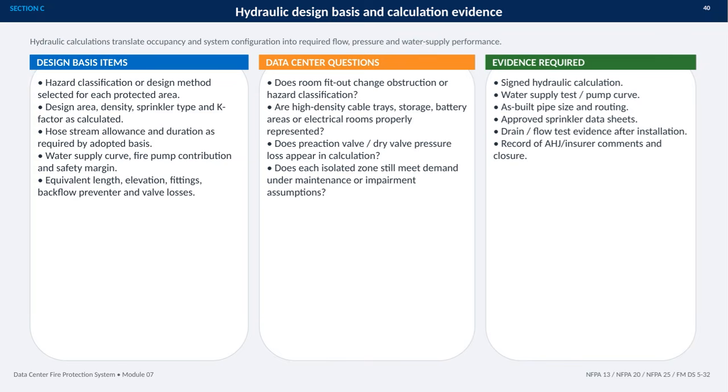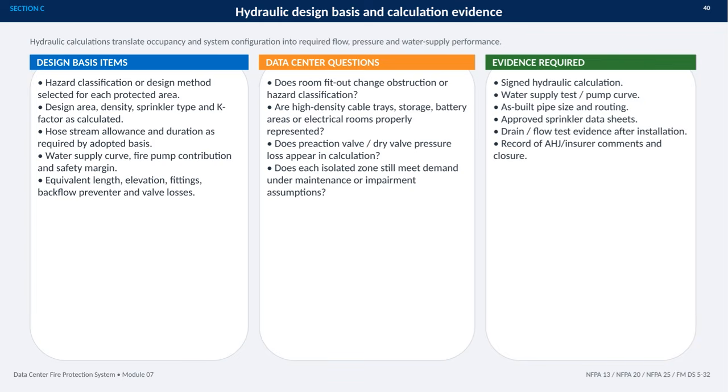The design basis should identify the method selected for each protected area, along with the design area, density, sprinkler type, and K-factor. It should also account for hose stream allowance, required duration, the water supply curve, fire pump contribution, and an appropriate safety margin. Pressure losses must include equivalent pipe length, elevation, fittings, backflow preventers, valves, and any preaction or dry valve equipment.